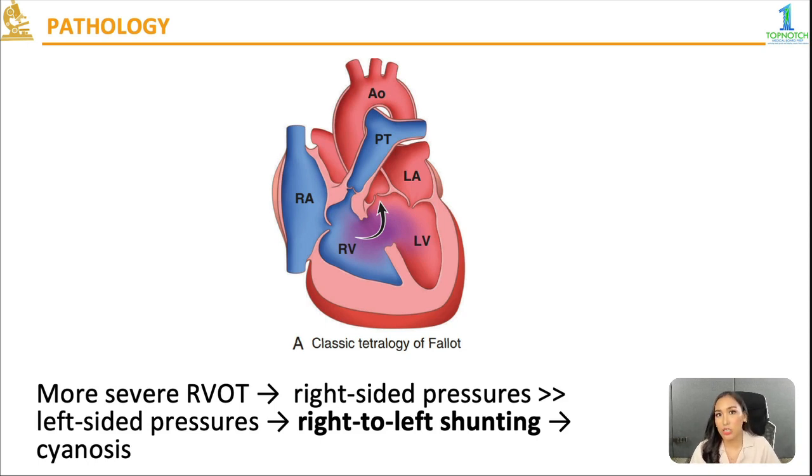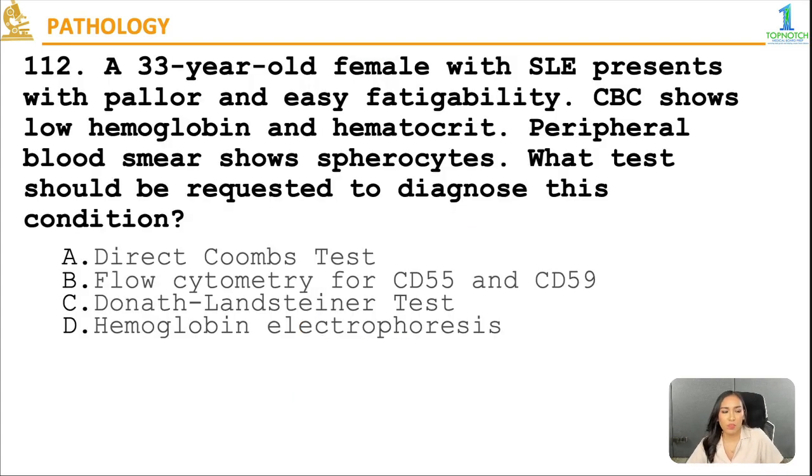Diba it's deoxygenated kasi galing siya sa venous system? Therefore, if there's right to left shunting, deoxygenated blood will go to the left side of the body to the systemic arteries. Therefore, nababawasan yung oxygen circulation and it causes cyanosis. So, if your RVOT is really bad, then your TOF presentation will be worse. Okay?